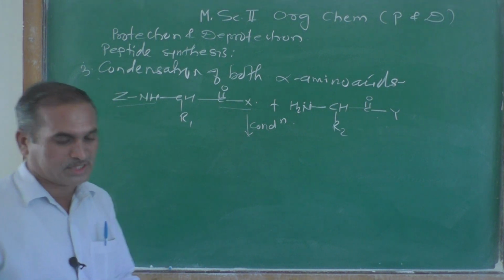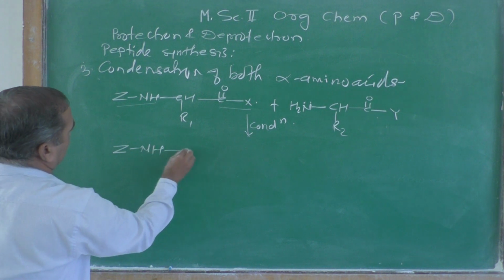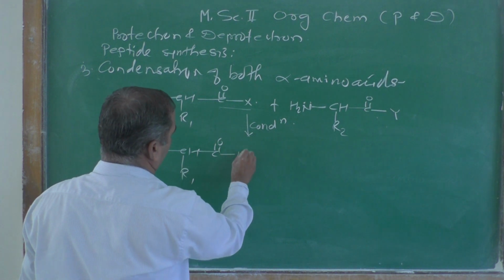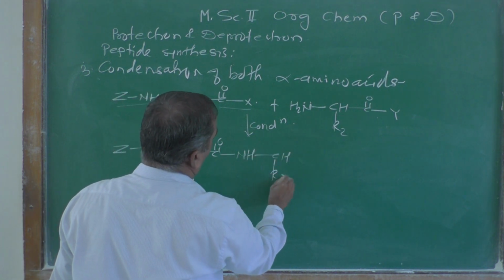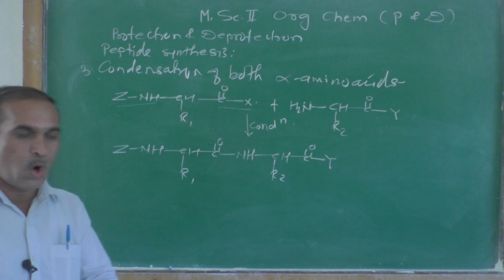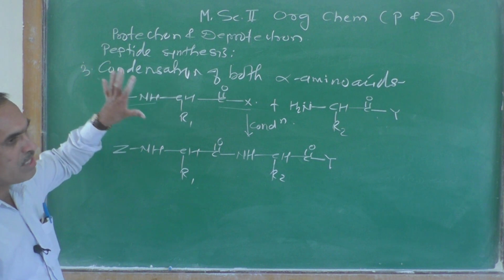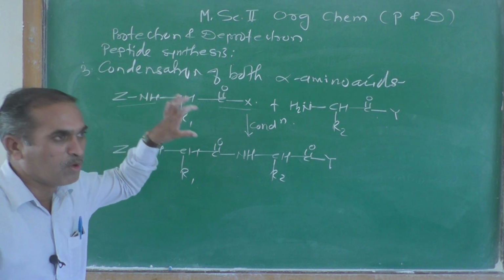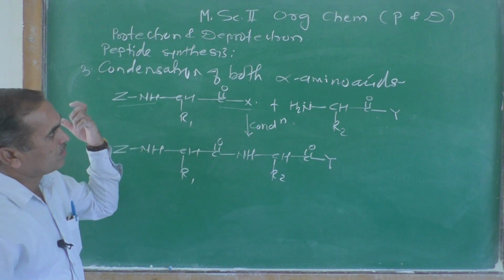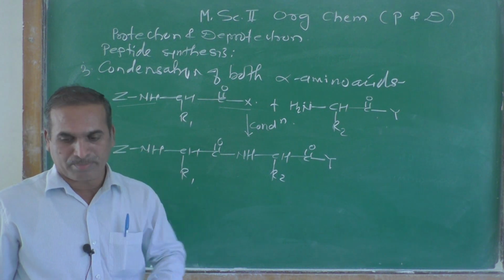It is going to attack on that carbonyl group, and a condensation reaction takes place here. And what you are going to get here is Z NH CH R1 C double bond O, then NH CH R2 C double bond O and Y. Only this product you are going to get when you carry out this type of treatment on both the amino acids.